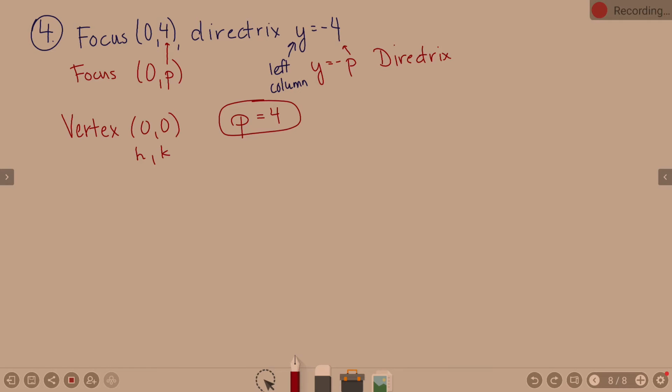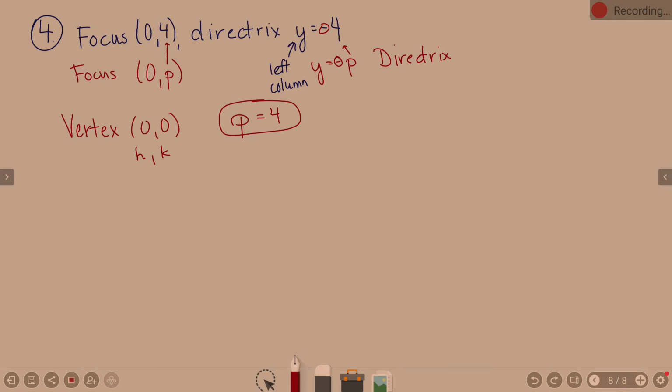The fact that it's y equals -4 just means my directrix is down 4, that's just saying where it is. And the focus is up 4. If my negative was switched and I had the negative on the focus, then we'd say p is -4. But considering the focus is (0, p) and this is (0, 4), p is 4. The negative over there is just telling me where the directrix is, and p itself is 4. Sorry, did I clear that up a little bit better?